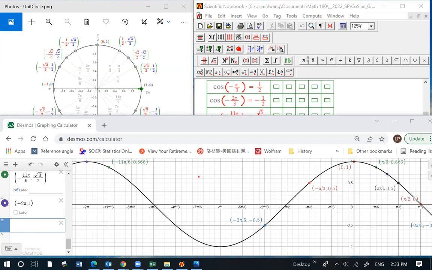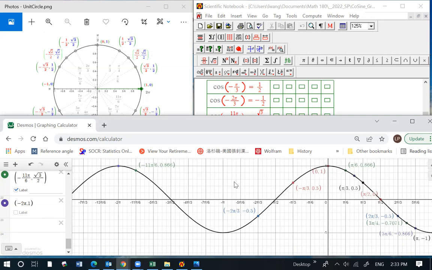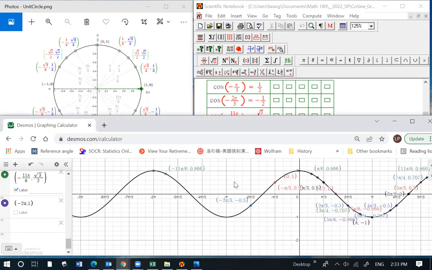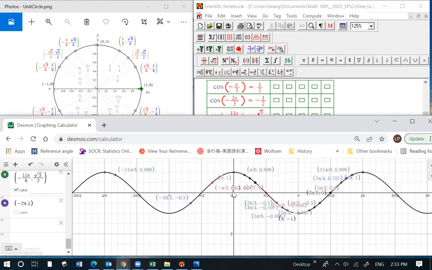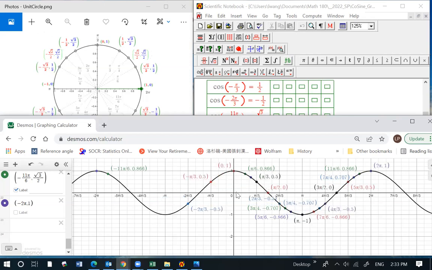Turn it off. Anyway, so now I want you guys to see all of these points we have studied physically, from negative 2 pi to positive 2 pi.